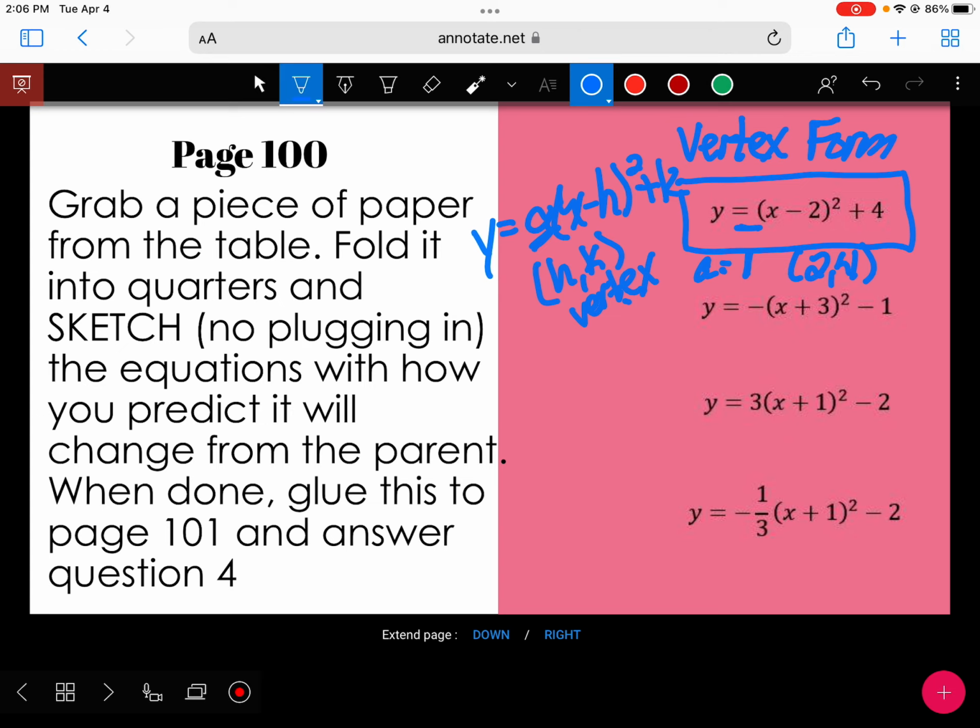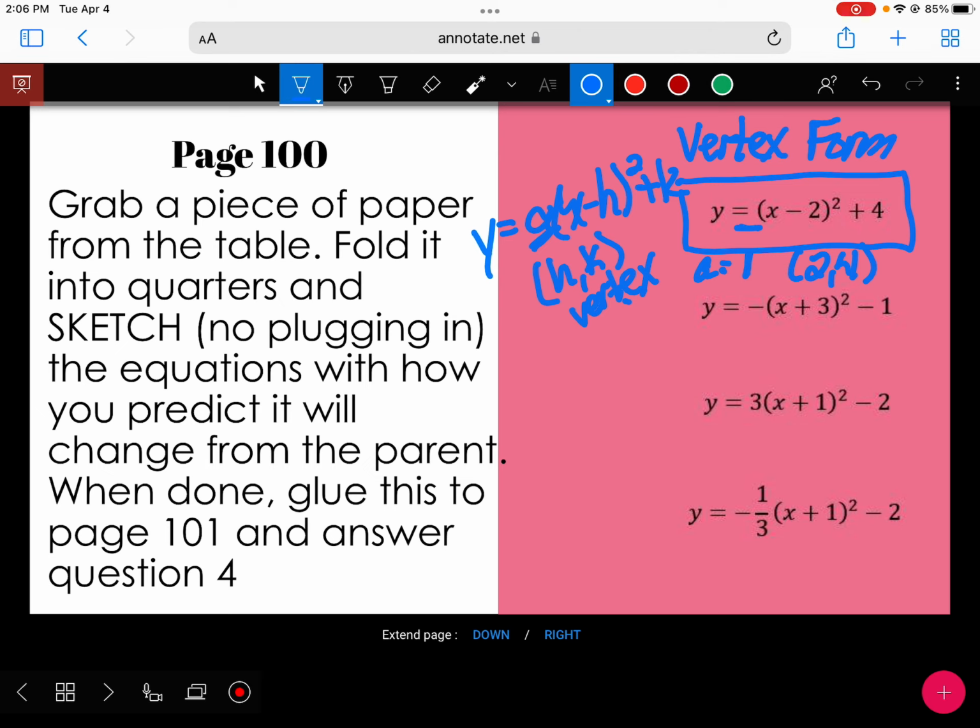And it's only 1, so it's going to be the same width as the parent graph. So we're not talking about exact sketches, but just get some basic ones. Do that for the next 3, 1 on each quarter of your graph paper. Okay?